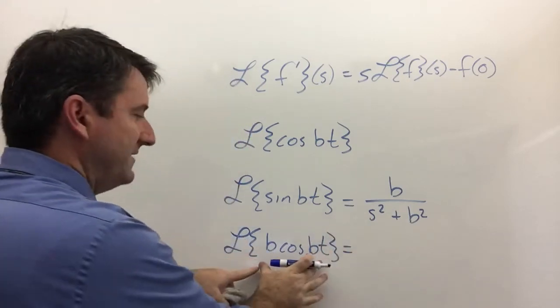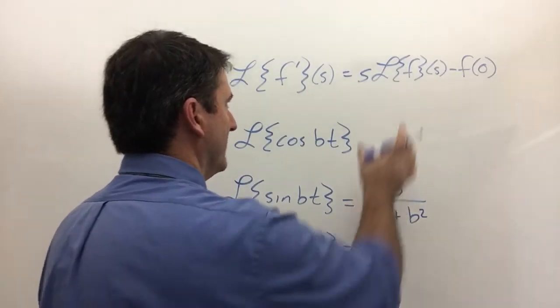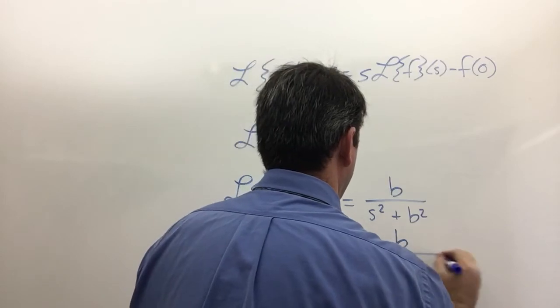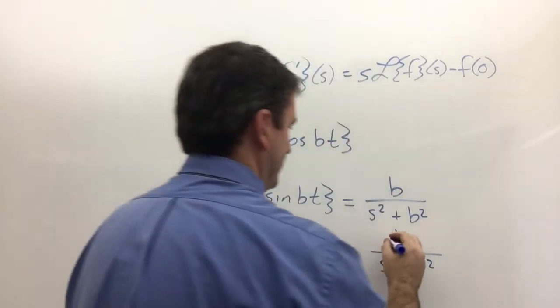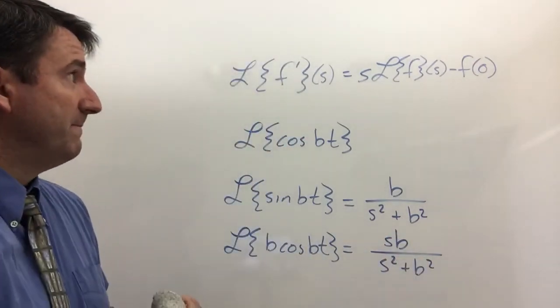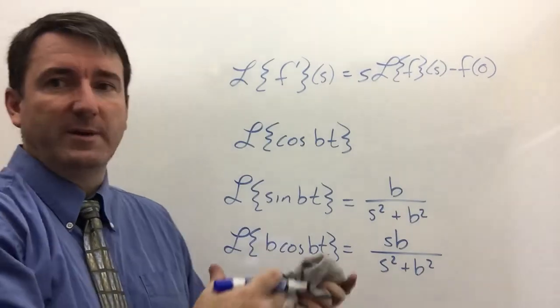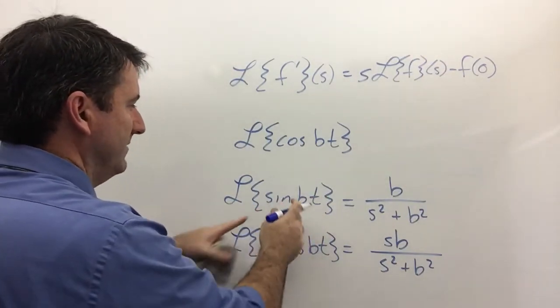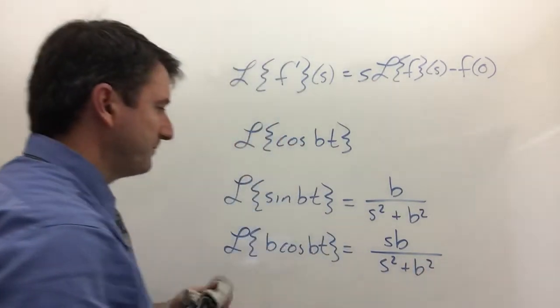And the Laplace transform of that derivative is going to be the Laplace transform of the function, b over s squared plus b squared, times s, minus the function evaluated at 0. So f of 0, well, sine of 0 is 0. So this is just going to be minus 0.